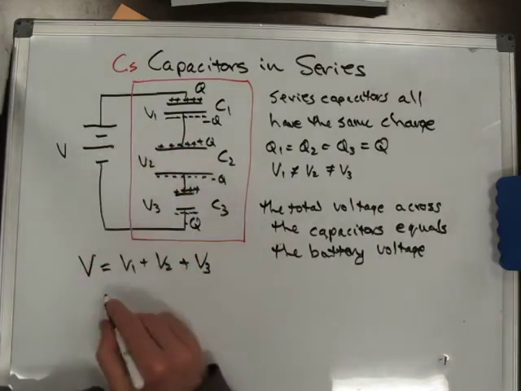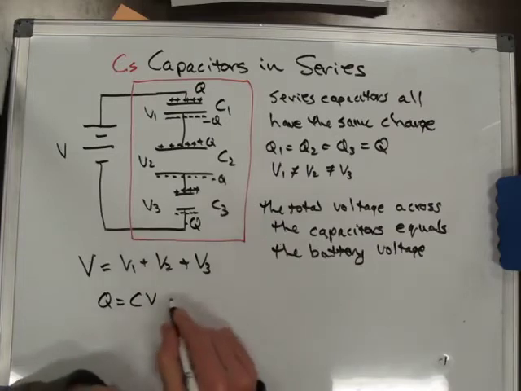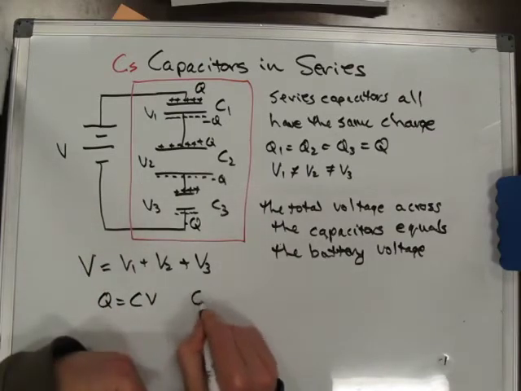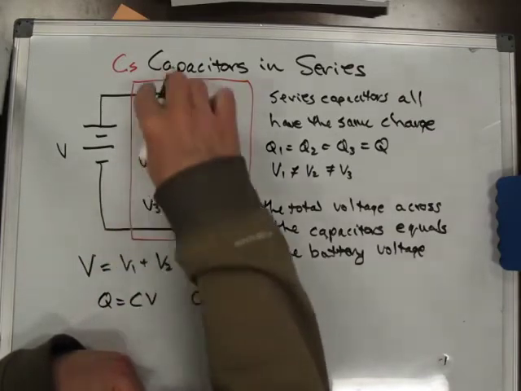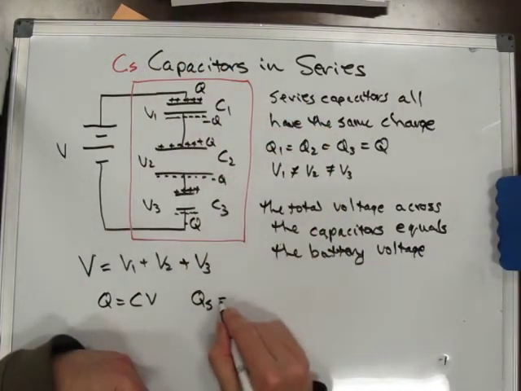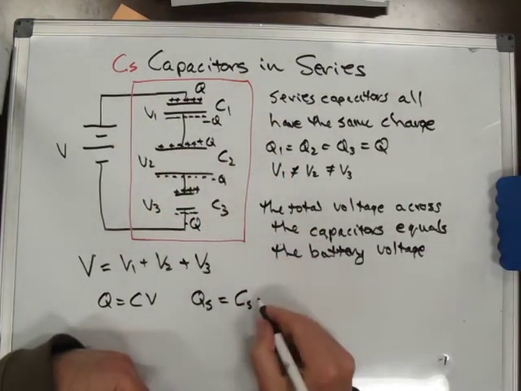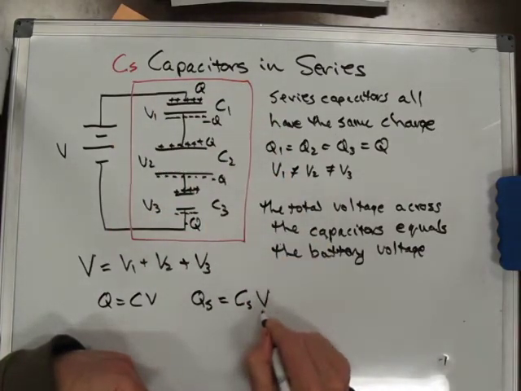I can write down my usual Q equals CV, which is true for any capacitor. So the charge that runs onto my red box is Q series, equal to the series capacitance, whatever is held inside that box, times the voltage on the battery.